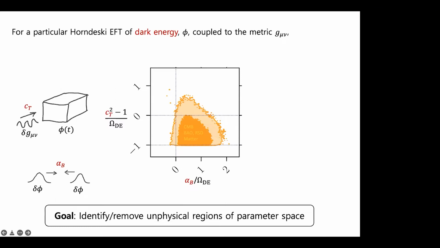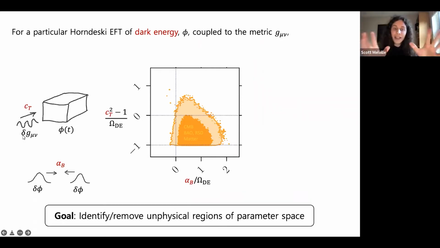But the important thing is that in this theory, there are a couple of things you could measure. The fact that this dark energy field phi fills the universe and acquires some time-dependent background, it really acts like a medium for propagating gravitational waves. So the speed of very low energy gravitational waves in this effective theory can be different from one.